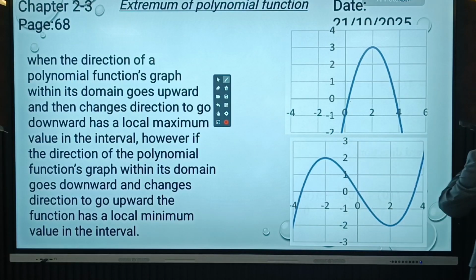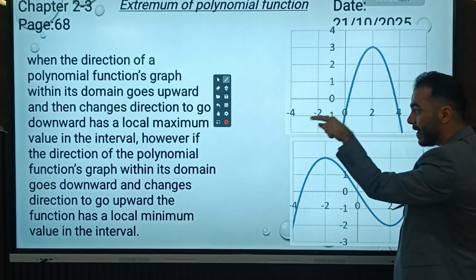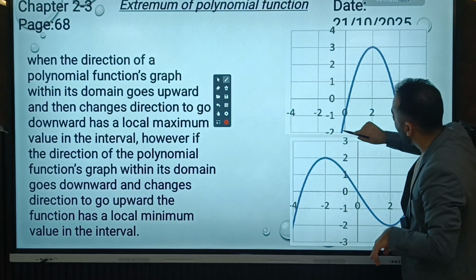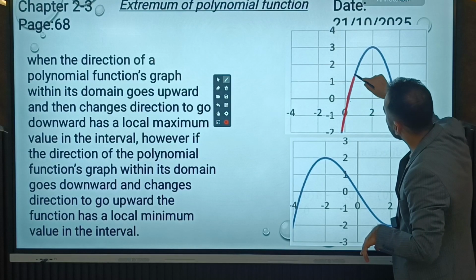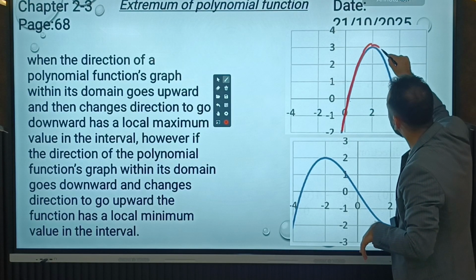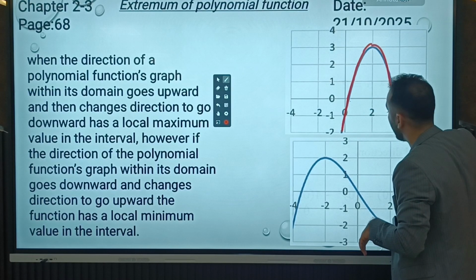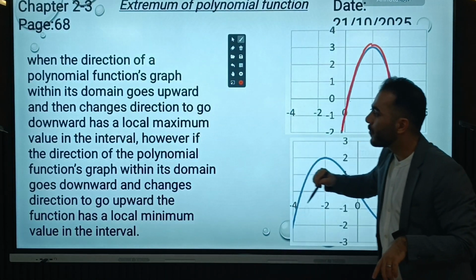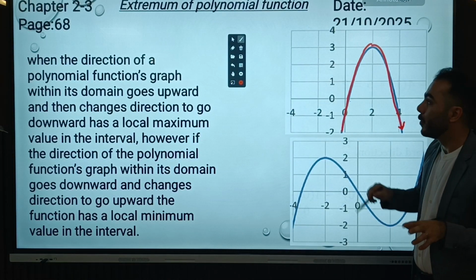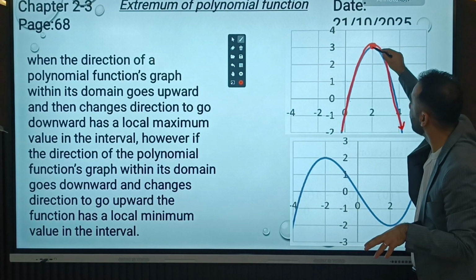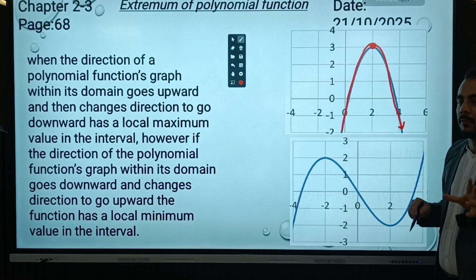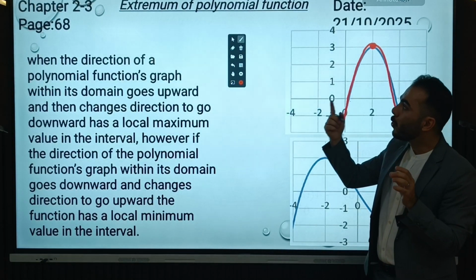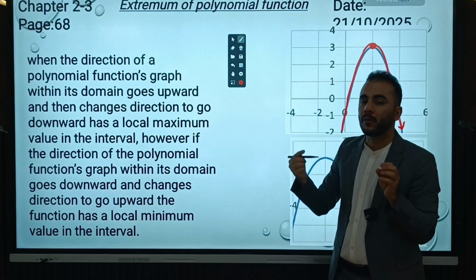When the direction of our graph goes upward and then changes downward, in that case our function is going to have a local maximum. Right now we are going to define the extremum of a polynomial function. Extremum points are local maximum and local minimum.